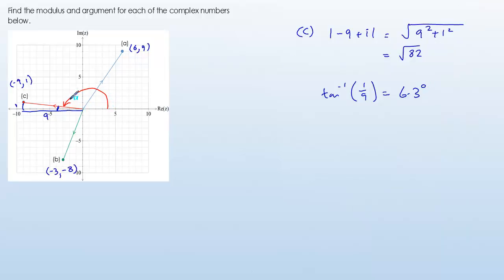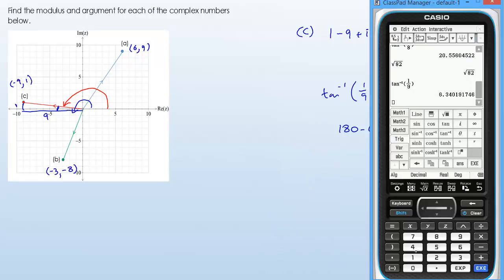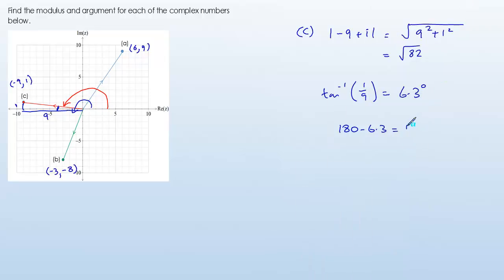Now notice that I put the line along here, so the whole angle there is 180. We need to take off our angle. So it's going to be 180 take away 6.3, which is 173.7 degrees.